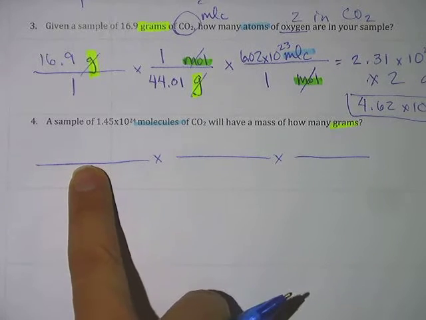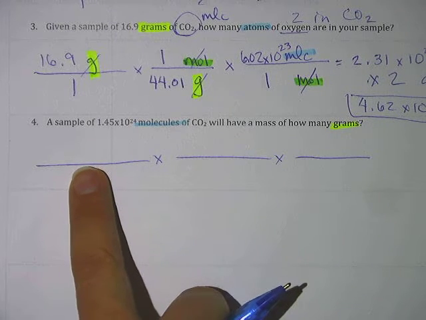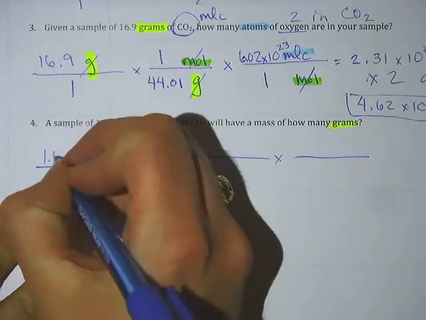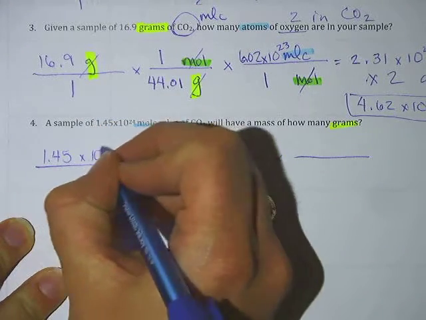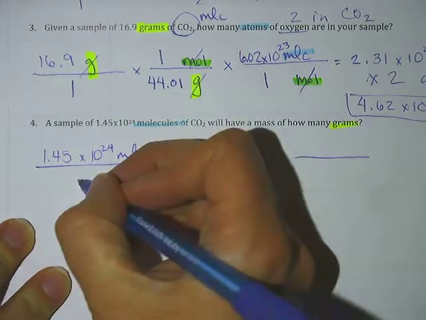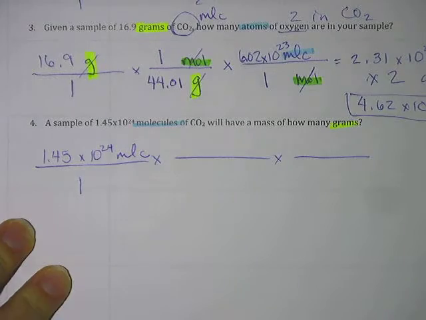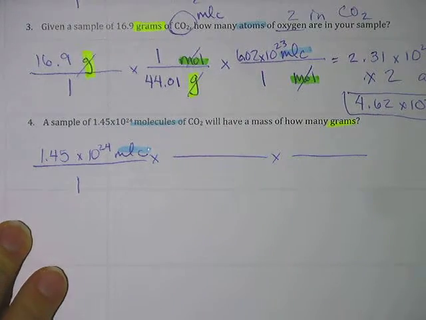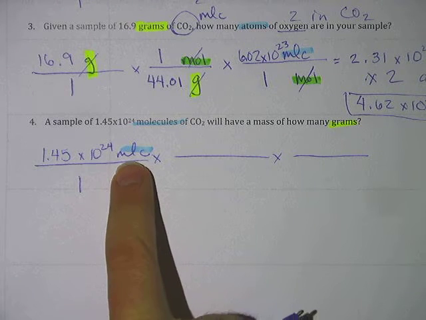On top of the first fraction, always goes what? The number they gave you always goes on top of the first fraction. Cameron, why don't you walk me through the rest of this problem? What do I do next?